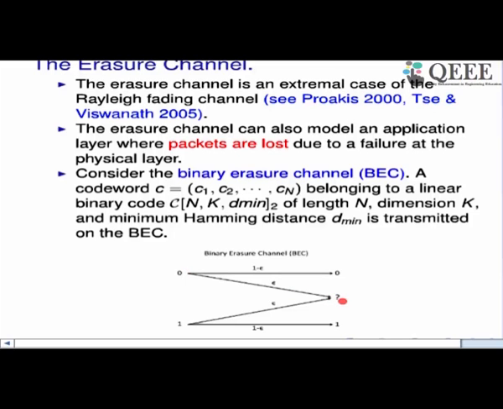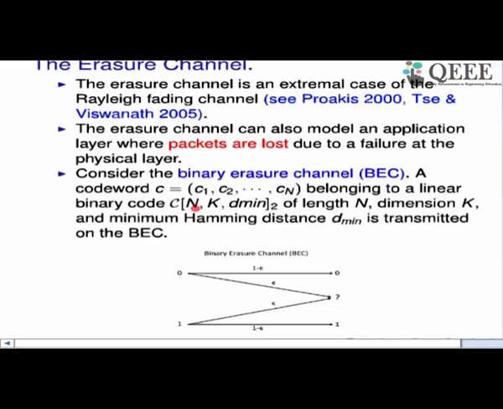So there is no symbol received. The power is so bad that the receiver doesn't decide whether it is 0 or 1. Similarly, when you transmit 1, with probability 1 minus epsilon you receive a 1. Otherwise, you just say that I don't know what it is. This is what is called an erasure channel. A code over an erasure channel has certain parameters.